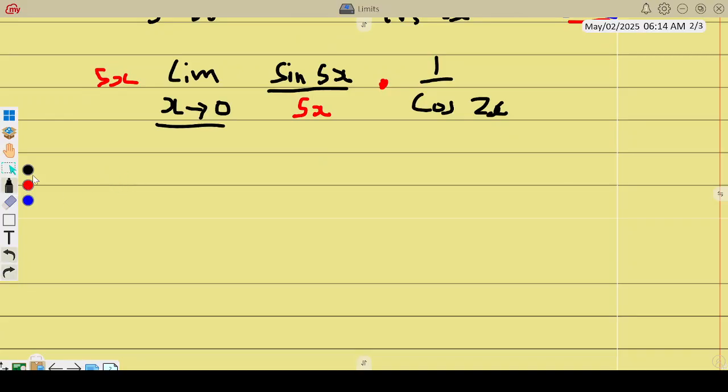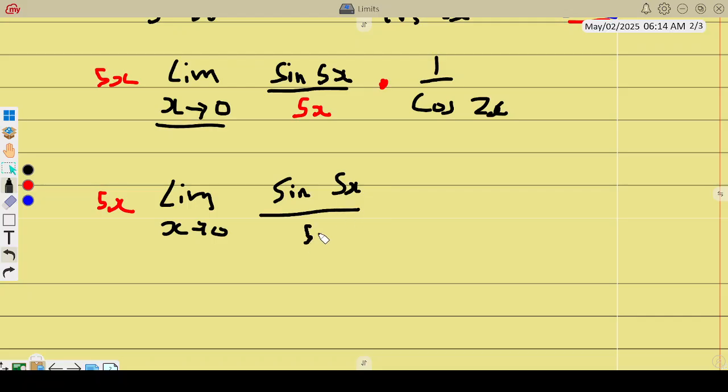So we have a 5x outside, and then the limit as x approaches 0 of sine 5x over 5x, times, again, the limit as x approaches 0 of 1 over cos 2x.